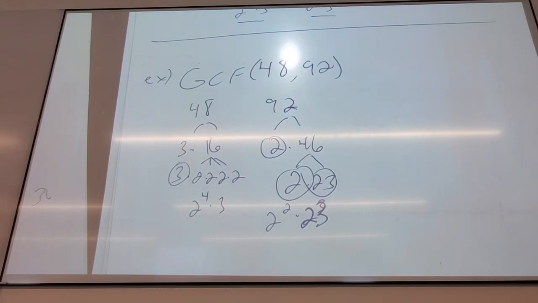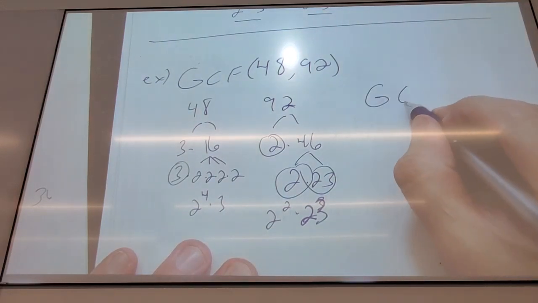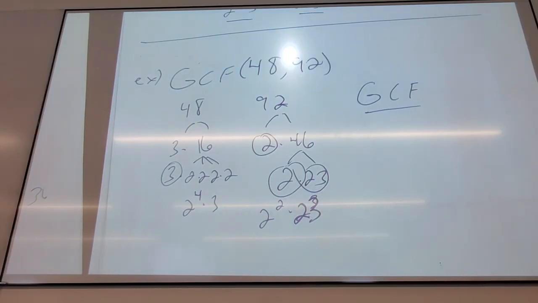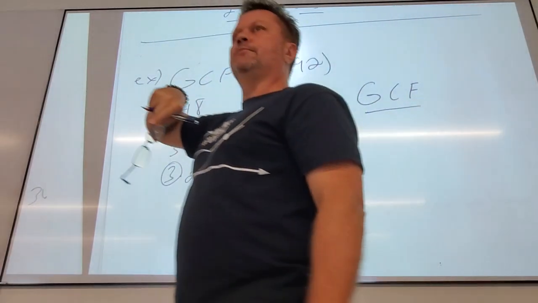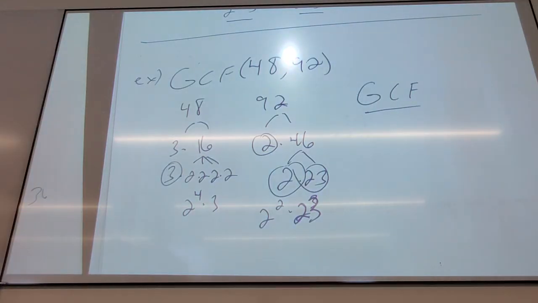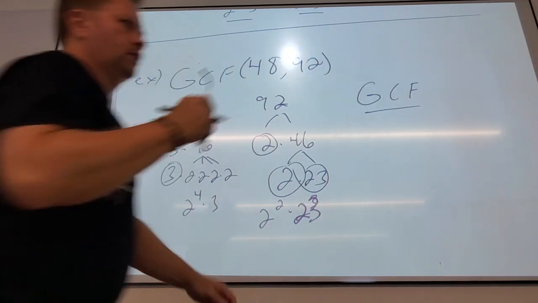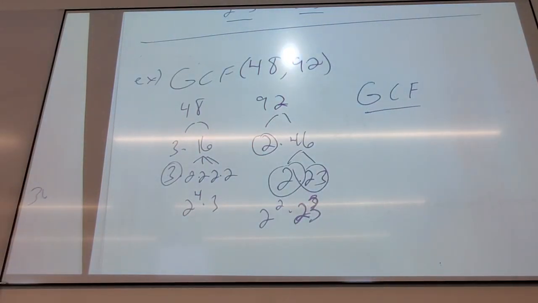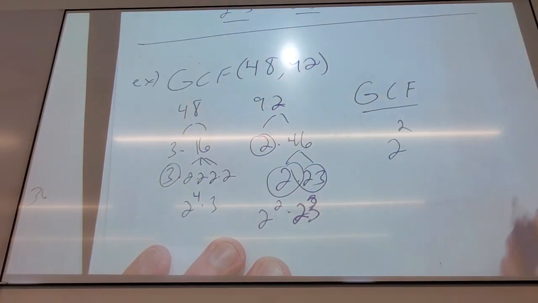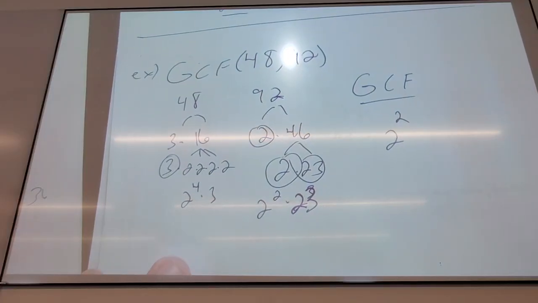That's okay. So if I want to try to piece together the GCF, do you see between the two numbers I have 2s, 3s, and 23s? Yes? What's the lowest power on the 2? 2. So I know I'm going to have 2 squared. What's the lowest power on the 3?